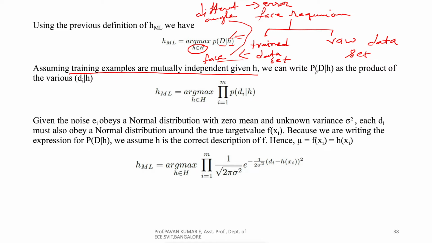We can write P of D given H, the probability of the trained data, as the product of the various Di and H. I have already given all of it in a folder.